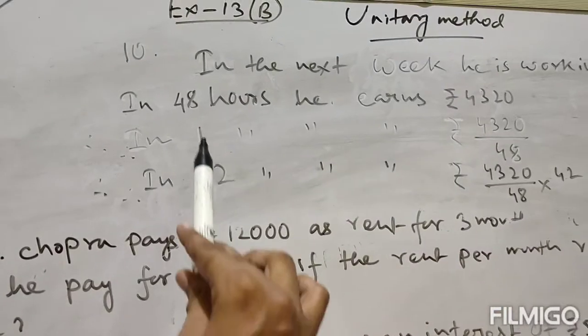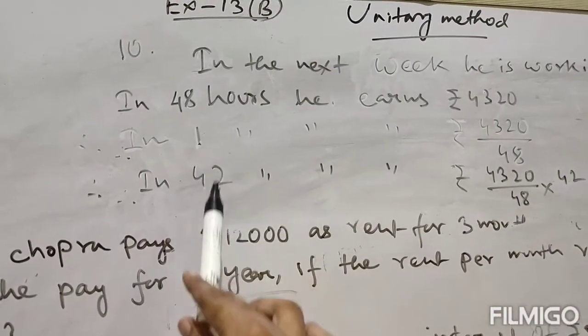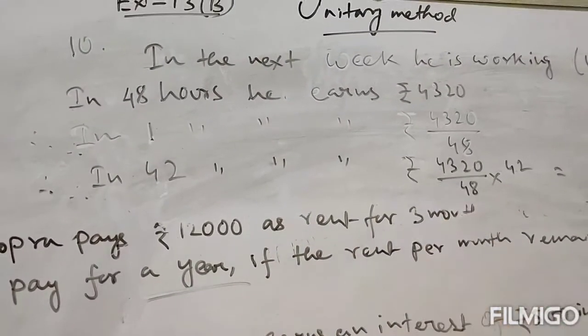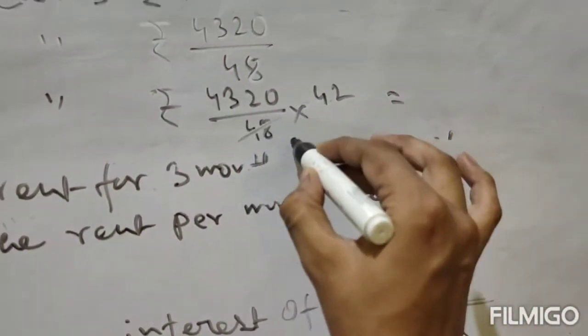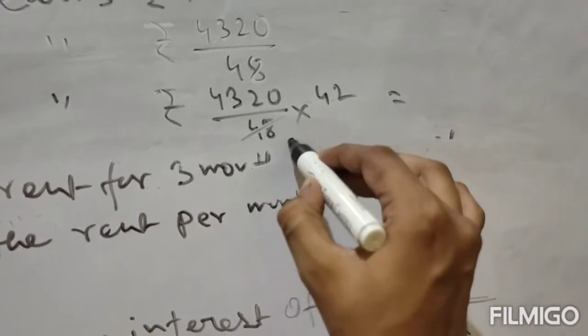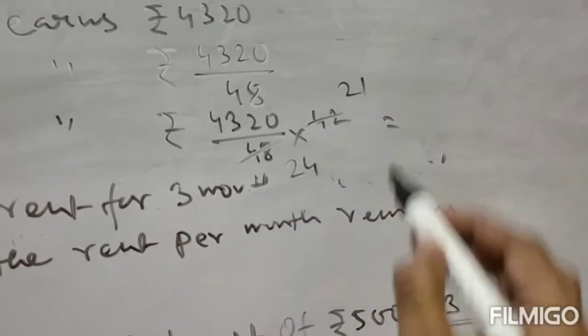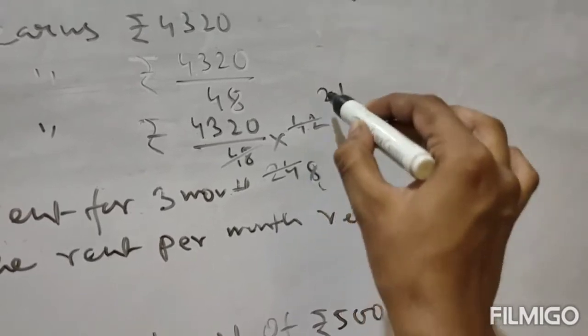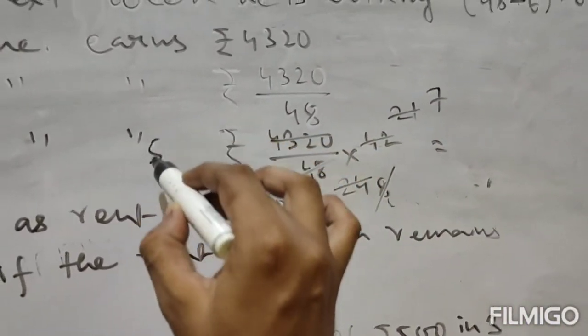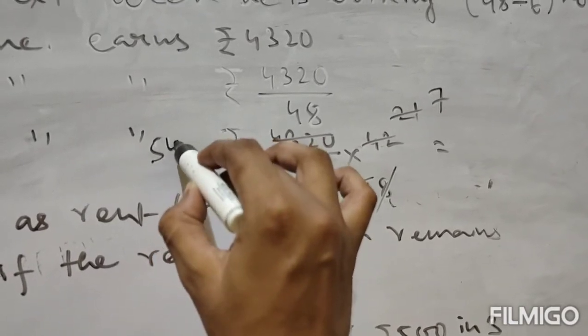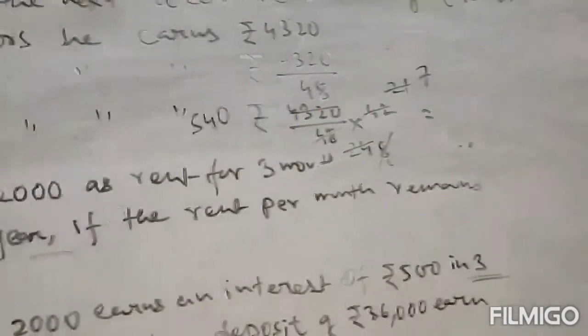Now the working hours increase from 1 hour to 42 hours. So if the working hours increase, the payment will also increase, and increase means multiply. Now reduce: 8 twos are 16, 3 eights are 24, 3 sevens are 21. 540.